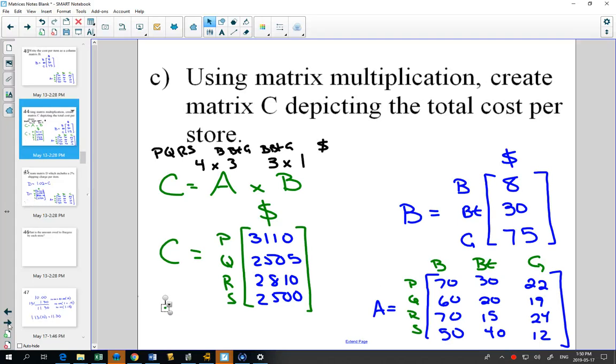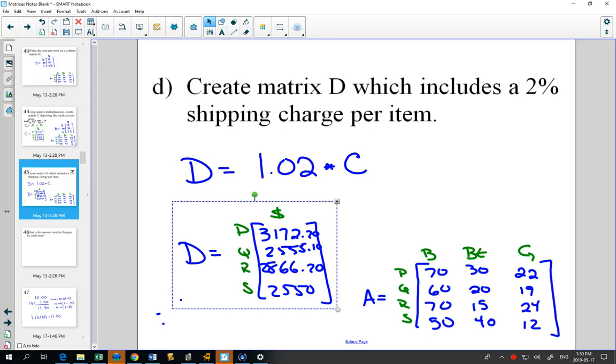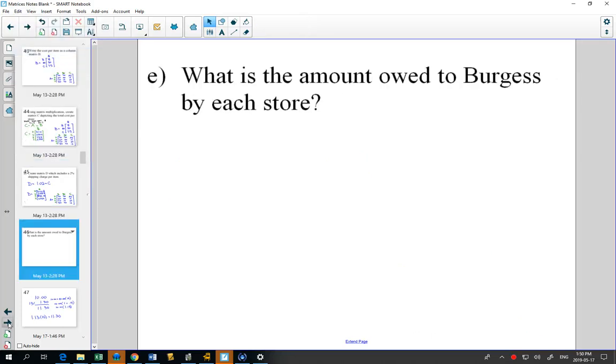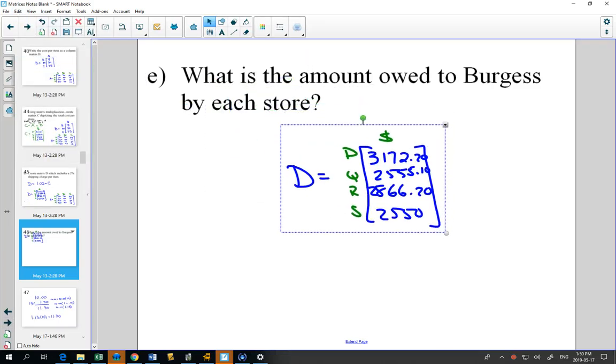That's matrix C. There's matrix D. So there is the amounts owed by each store that includes the shipping charge.